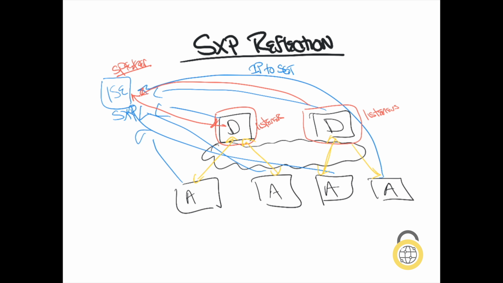And then the distro switches are going to be speakers, and then the rest of these down here are going to be listeners. And that's if you wanted to do enforcement at the access layer, without doing it close to the source.